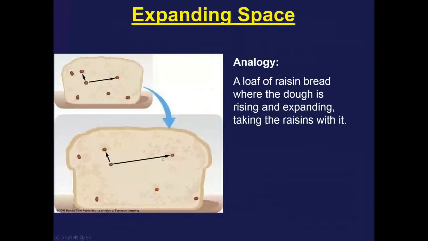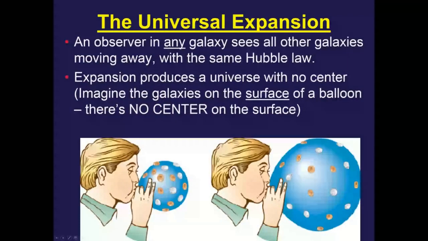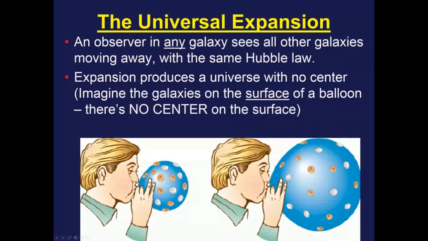In the bread, you could go in and out of the bread, you can go up and down in the bread, you can go side to side in the bread, but three-dimensional, but it's limited. Here, it's not limited, but there's only two dimensions, all right? Anyway, so in this analogy, imagine that it is expanding, just like our universe actually is, and as the balloon inflates, what happens to the actual universe is stretching.